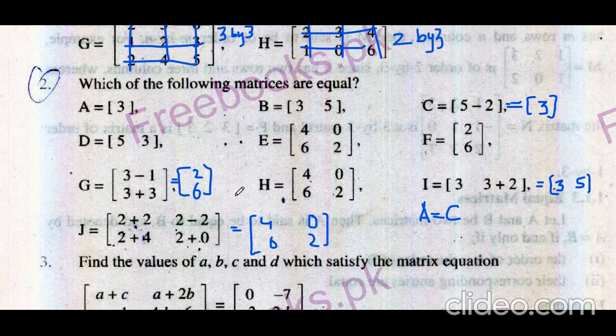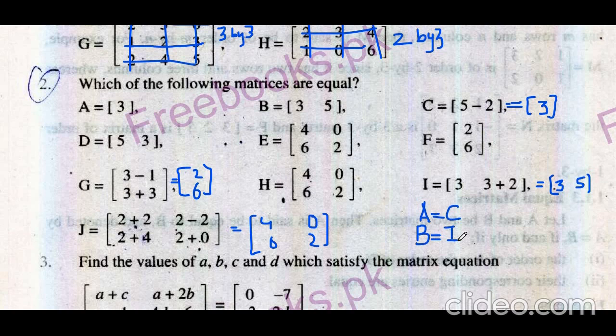Which matrix has these entries? 3 and 5. Matrix B, matrix I. B and I. So we can write matrix B equals matrix I. Both have the same entries and the order is also the same, 1 by 2.